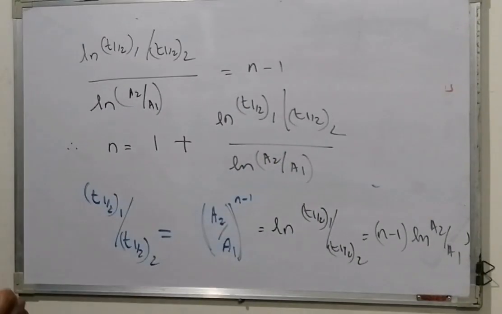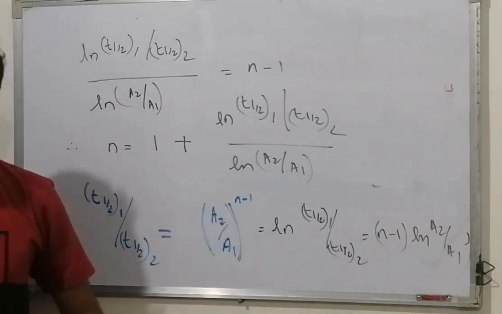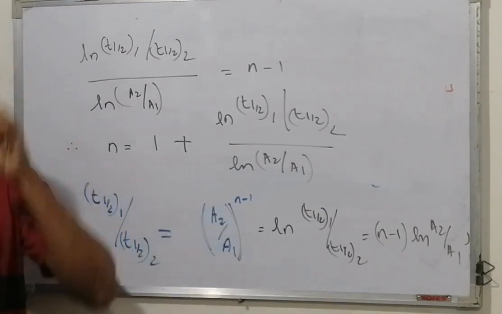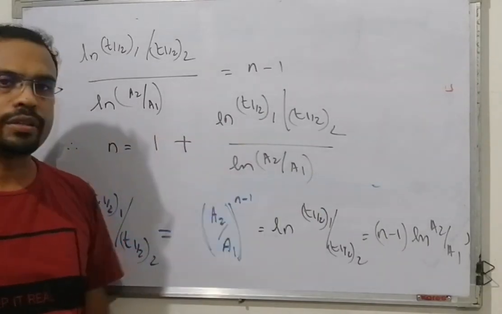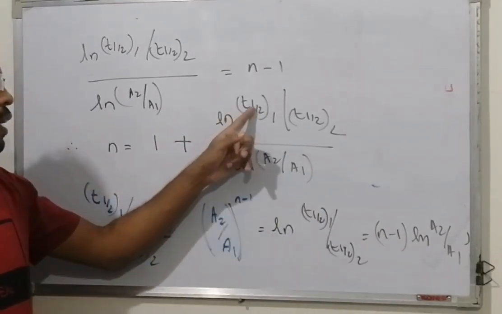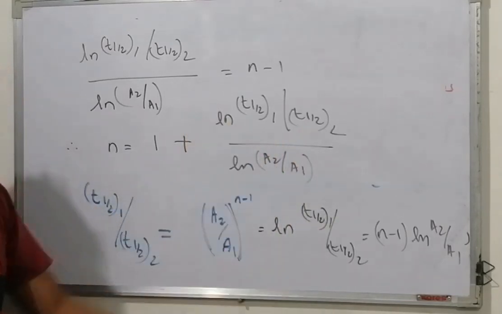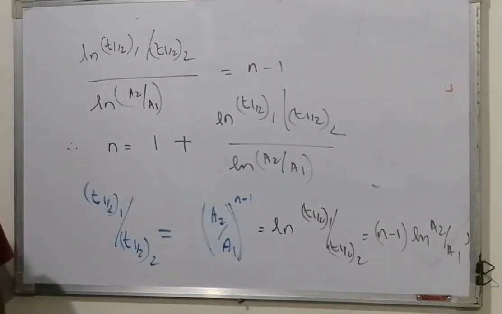Okay. Therefore, if you know the half-life of a reaction at two different concentrations, you can calculate the order using this equation. This is the half-life at the concentration A1. This is the half-life at the concentration A2. This equation will help you to calculate the order.